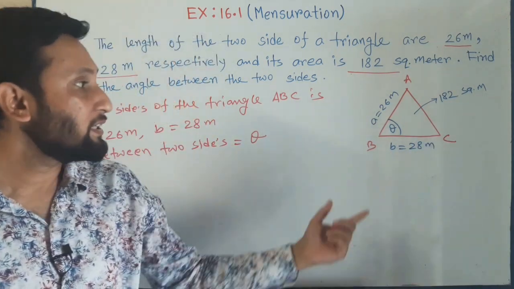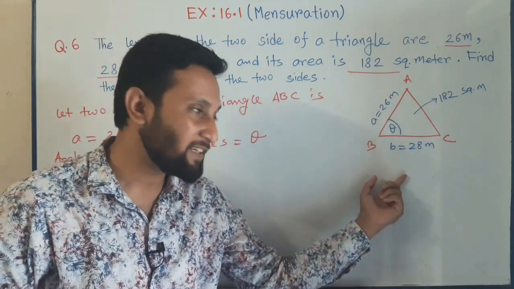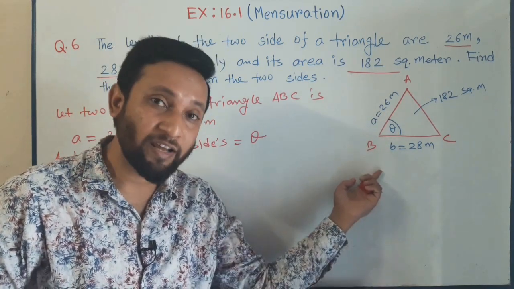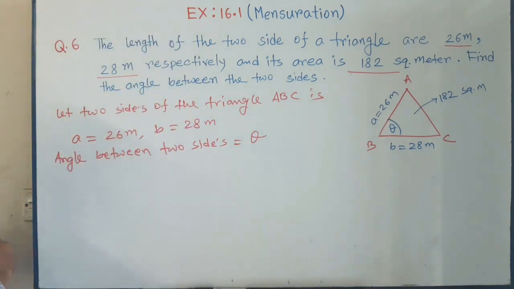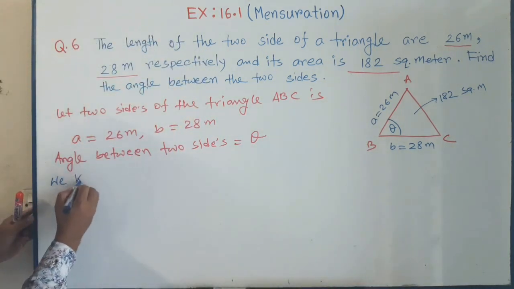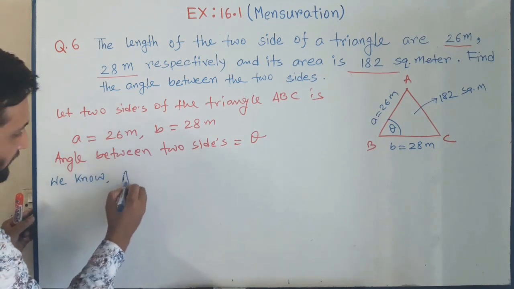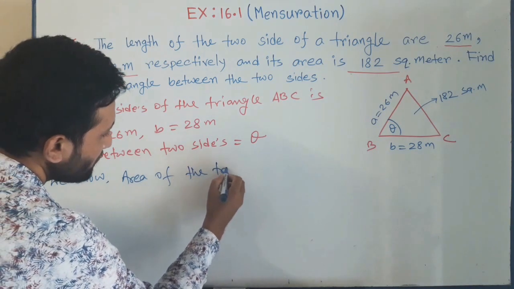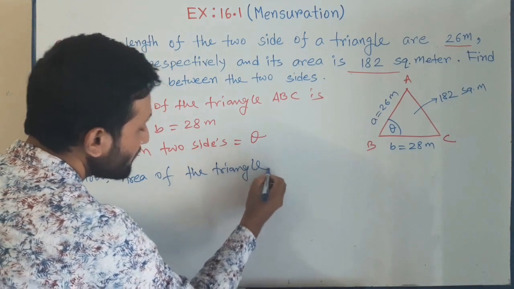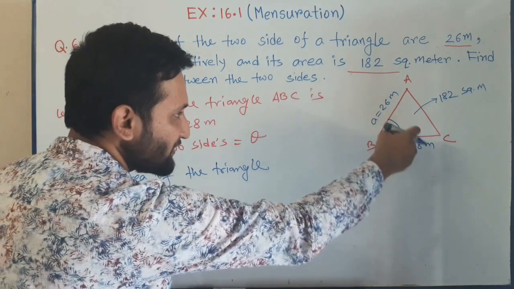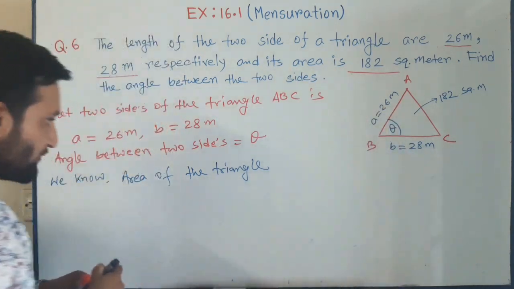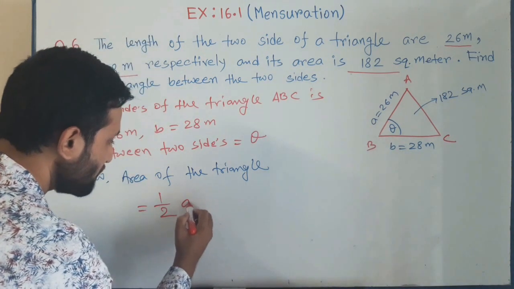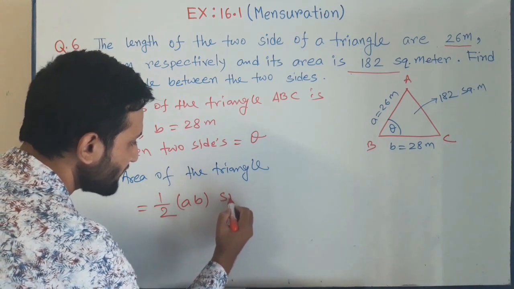We already know if two adjacent sides and the angle between them are given, the area of the triangle will be half into A into B into sin theta.